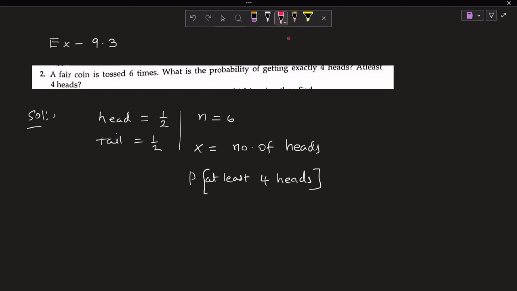The first question is exactly 4 heads. The next question is at least 4 heads. First I am doing at least 4 heads, and then as the next case I am doing exactly 4 heads.